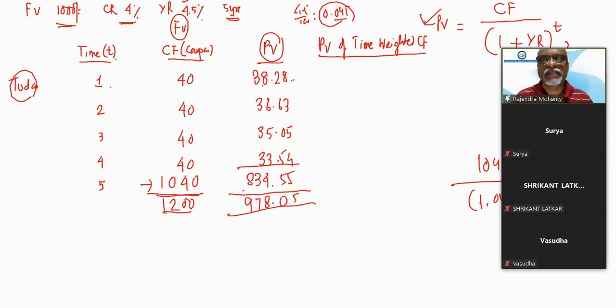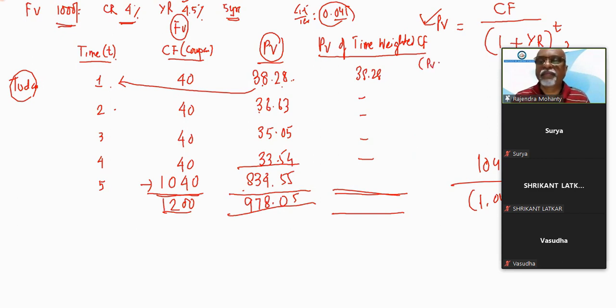The first one is 38.28 multiplied by 1, so it becomes 38.28. The next one is 36.63 into 2. Like this, calculate all 5 and tell me the total. This is simply PV multiplied by t.